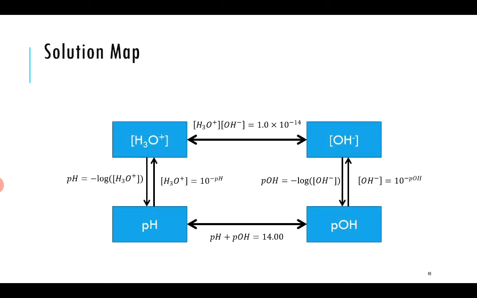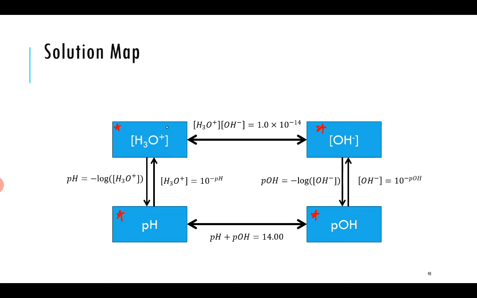Now, as for calculations for this chapter, we have mentioned H3O+, we have mentioned OH-, and we talked about how pH is the negative log of H3O+, and pOH is the negative log of OH-. The hydroxide ion concentration and the hydronium ion concentration are related by that Kw equation.